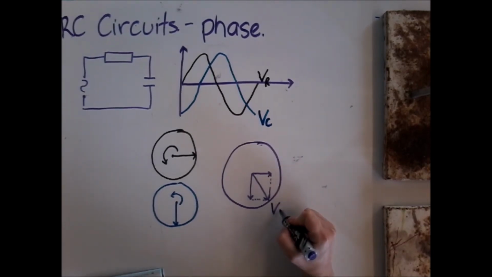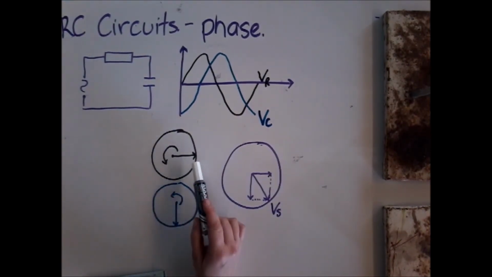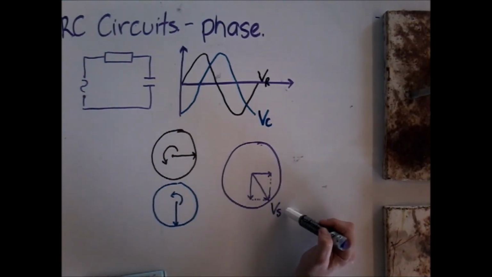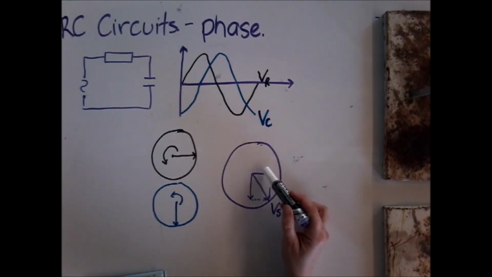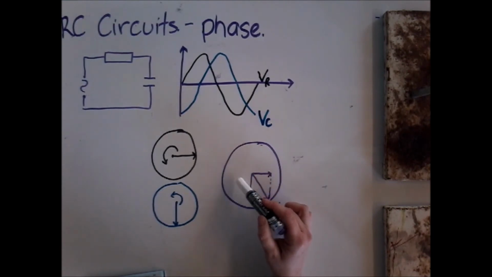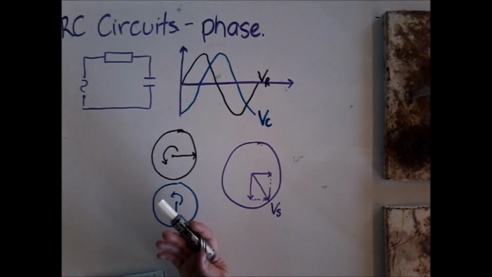Okay, and so this is the supply voltage. So you can see that the voltage across the resistor and the voltage across the capacitor add together as vectors to give us the supply voltage, and the supply voltage is also changing. It's also turning, varying according to a sine relationship.